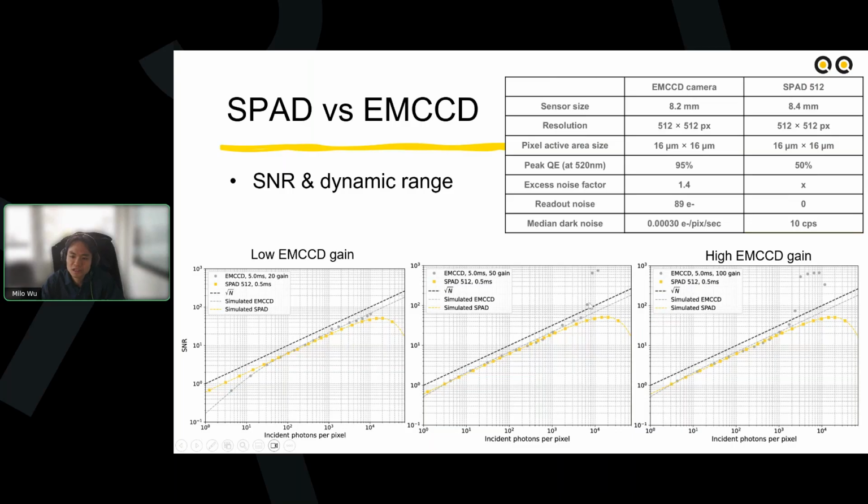So in short, the SPAD will work better in a low light regime. When you work in a high EMCCD gain, dynamic range will be the SPAD array's advantage.